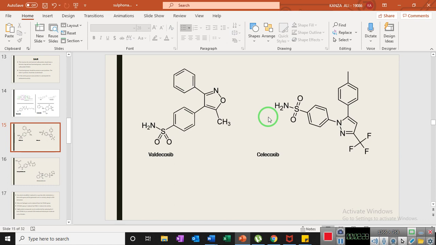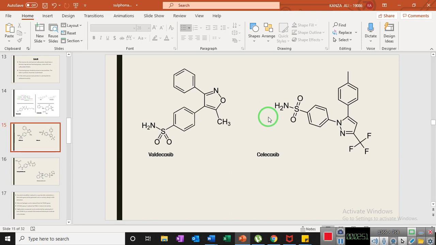So this slide only is used to show the structure of the analgesic compounds, or the compounds having the SO2NH2 group. May be structured different from that sulfonamide.